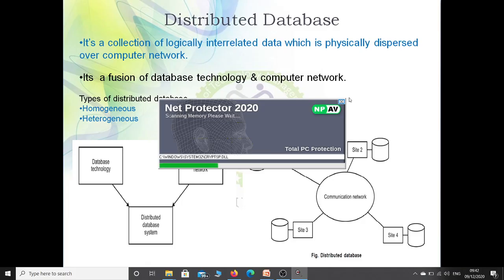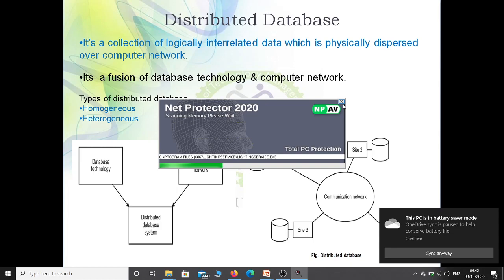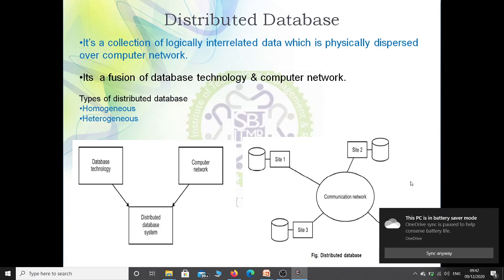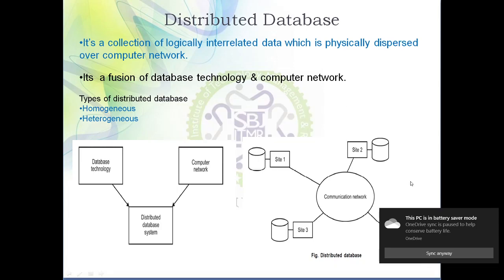In that case, can you imagine whether the database being used is a centralized one or a distributed one? All these databases are distributed ones. One database is present at this particular Amravati location, and a separate database is present at the Nagpur location also. All the databases are connected with each other.